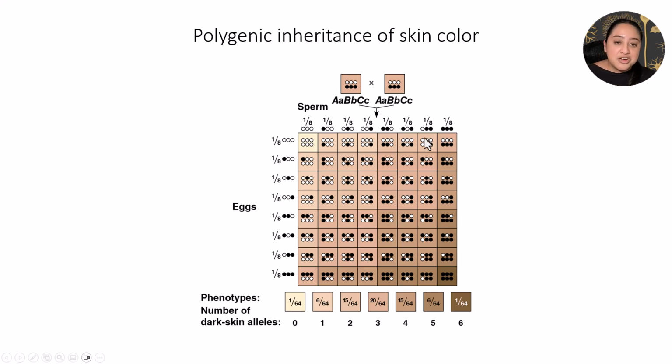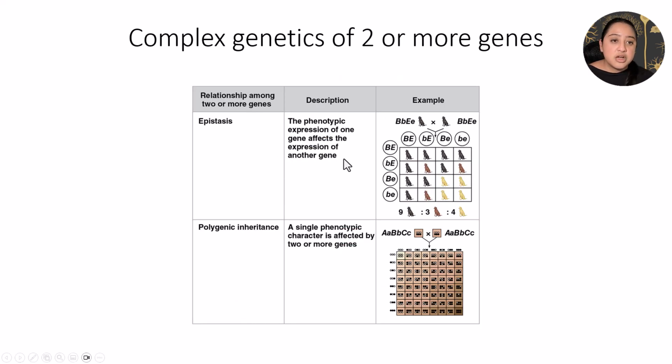But there are multiple genes that can be involved in different continuums on a trait. So those are complex genetics of two or more genes. Epistasis is when one gene controls another gene being on or off. And polygenic inheritance is when there are multiple genes involved in this one character, this one phenotype.